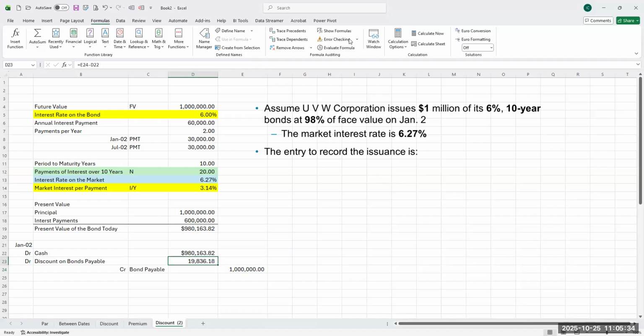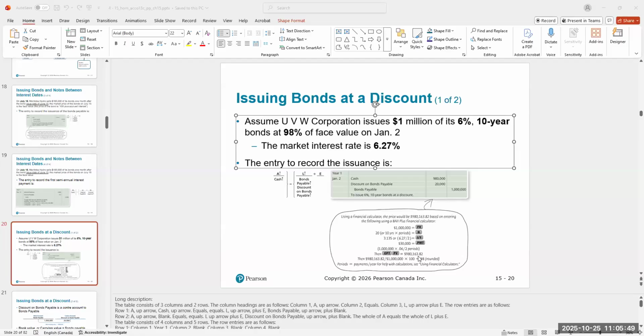Now let's check whether what we get is what's on the slides. The slides are right here. As you can see, the slides get 163.82, which is exactly what we're getting. They're rounding to $980,000, and they give us a discount of $20,000.